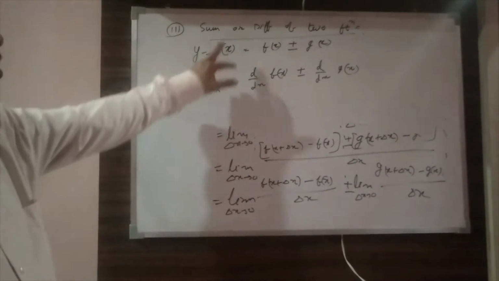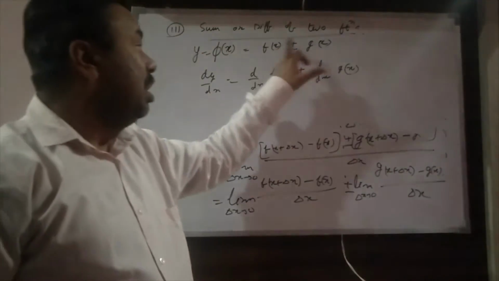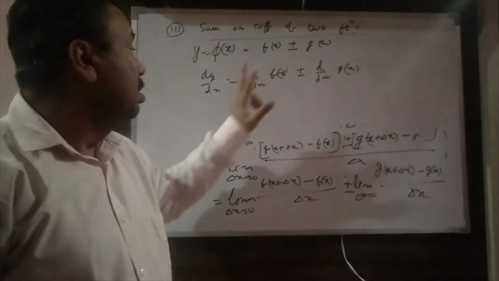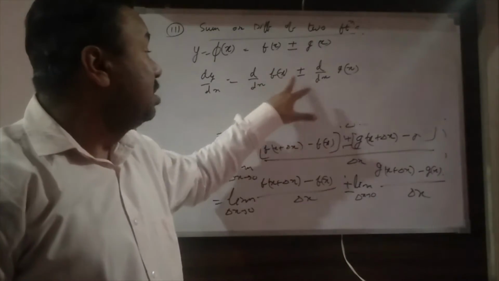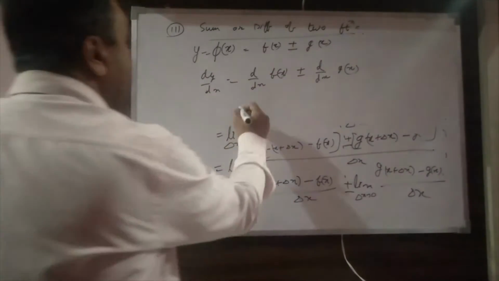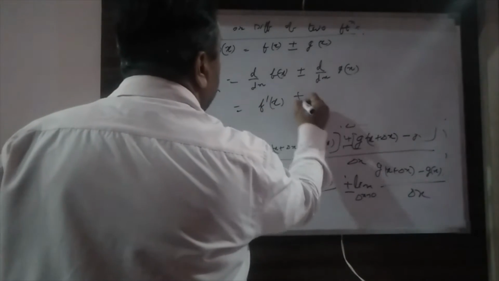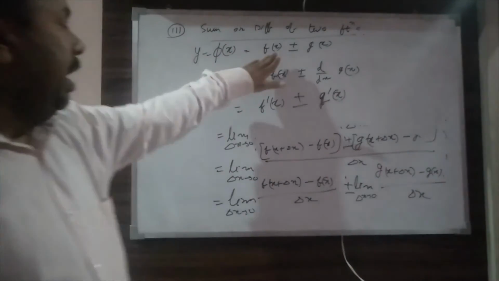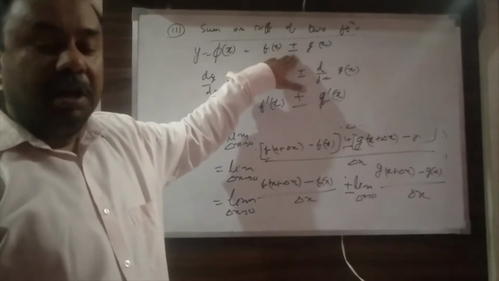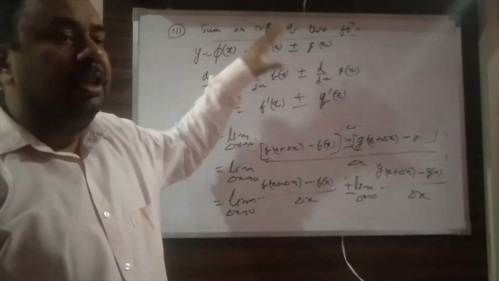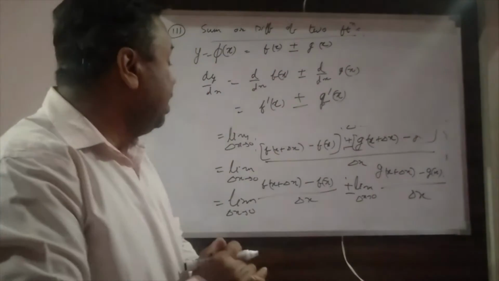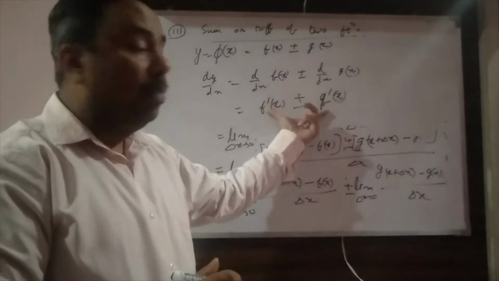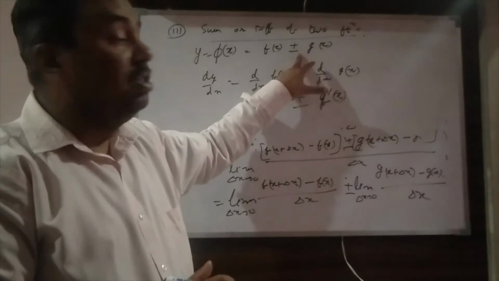So if y is equal to f(x) plus or minus g(x), depending on the case, it will be d/dx of f(x) plus or minus d/dx of g(x), or f'(x) plus or minus g'(x). Means if the functions are added or subtracted, there is no problem in differentiating: just differentiate both functions separately and make the operation as it is in the original function.